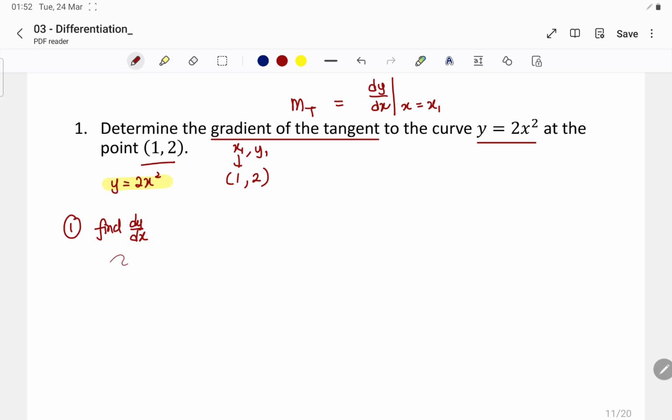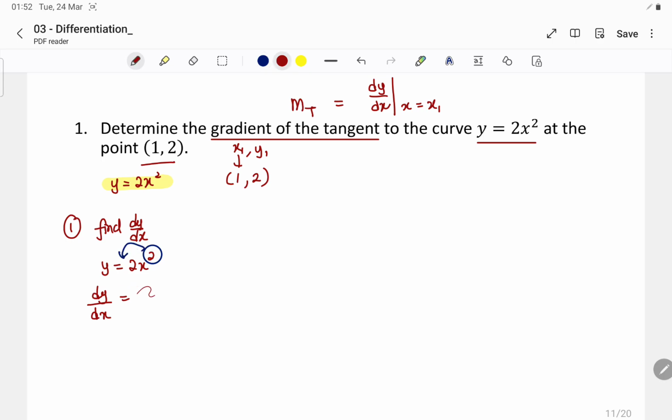So we have y equal to 2x squared, correct? y equal to 2x squared. To find the differentiation of y, dy/dx, we have 2x squared. x squared is a power, right? So we can use the power rule to differentiate this. So you bring 2 in front.